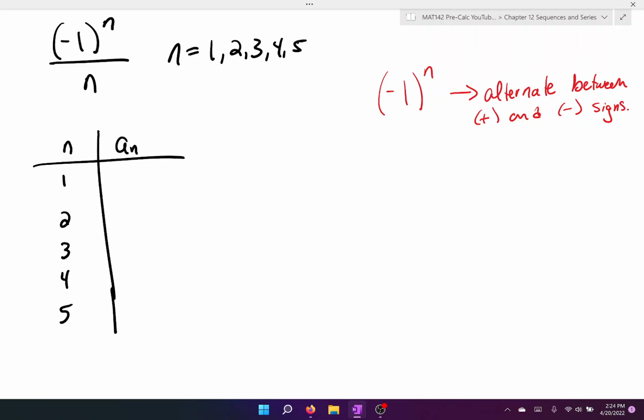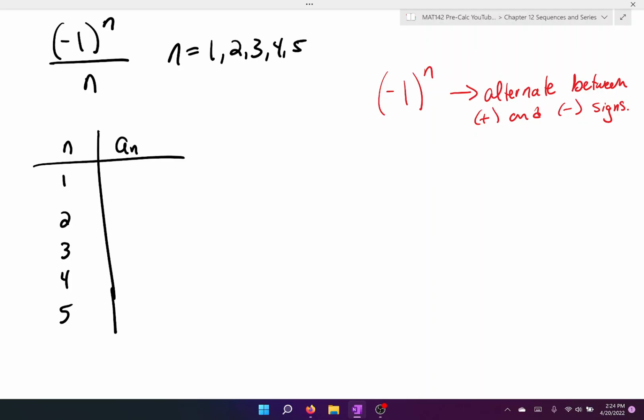But later on, especially in Calc 2, when you're looking at different types of series, whether they're Maclaurin or Taylor series, and you're doing these tests for convergence, that -1 to the n power drastically changes how we view some sort of sequence.